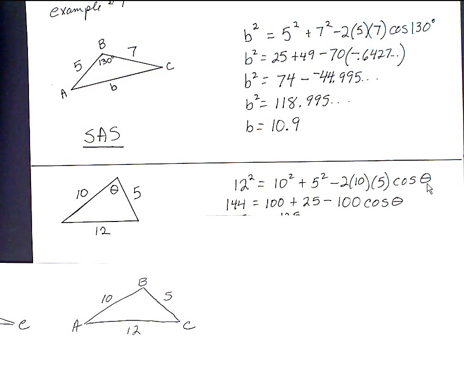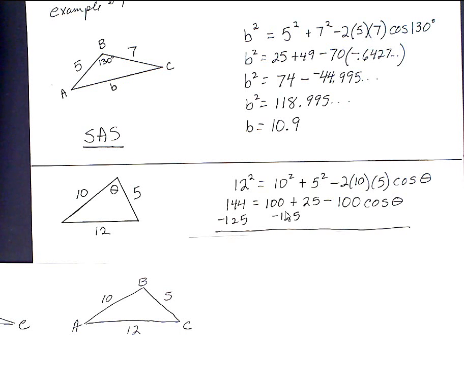So 12 squared is 144. 10 squared is 100. 5 squared is 25. And we get 125, and 2 times 10 times 5 is 100, or 20 times 5, whichever way you want to look at it. The biggest mistake kids make is they want to take the 125 and subtract 100. You cannot do that.